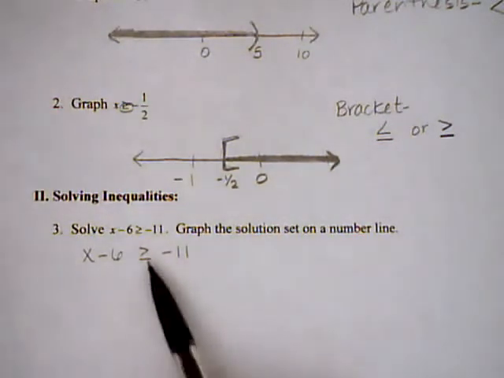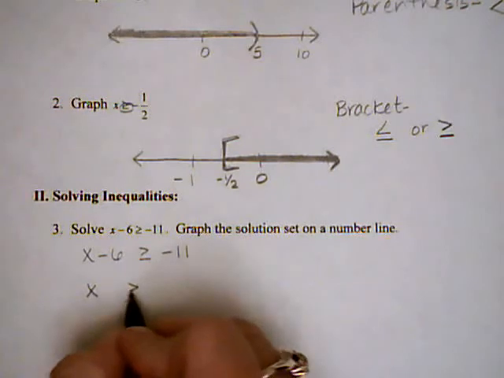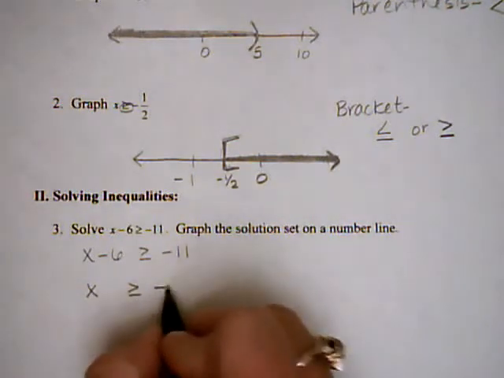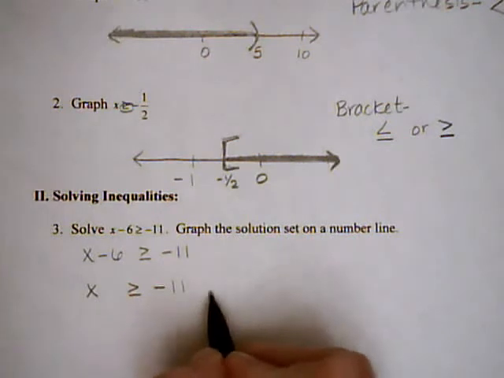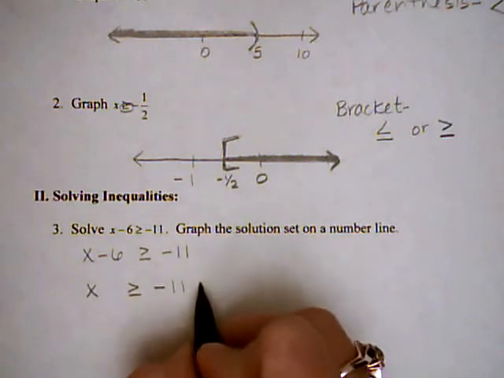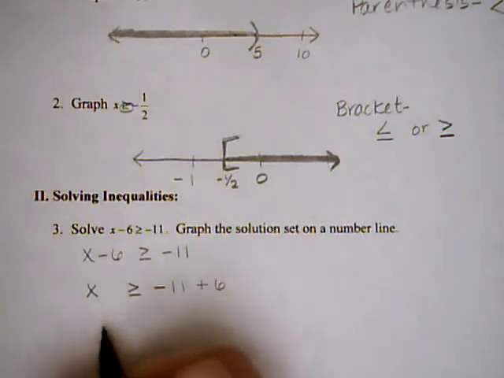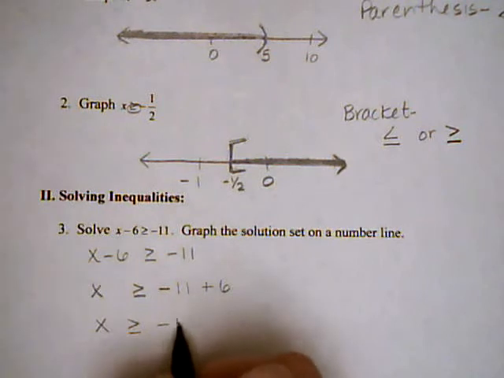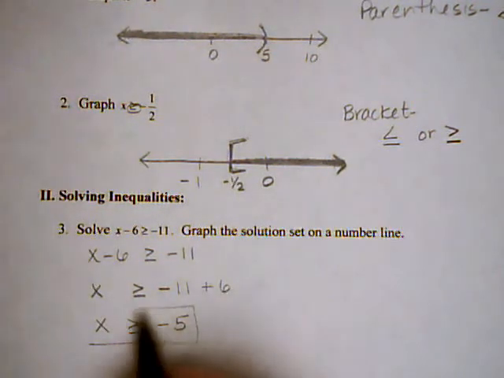If I wanted to solve it, all my variables have to be on one side and all my numbers on the other. So I would want to move the 6 over, just like we do with an equation. When I move it over, it's going to change the sign, so it's going to be a positive 6. So x is greater than or equal to negative 5. This would actually be my solution set.